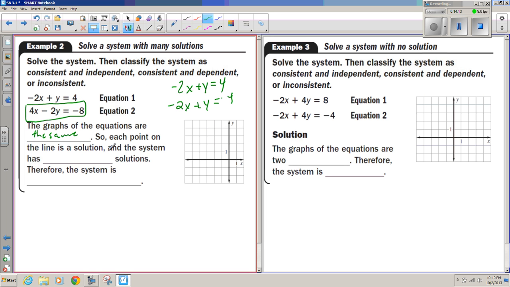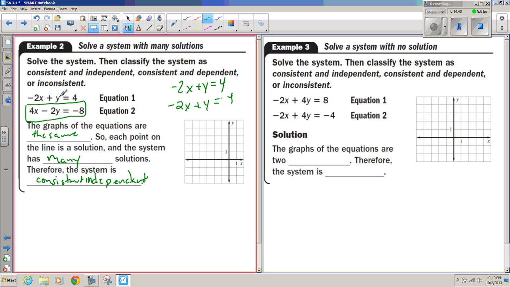So each point on the line is a solution, and the system has many solutions, therefore the system is consistent, independent. Consistent, independent. All right, let's look at the graph here.